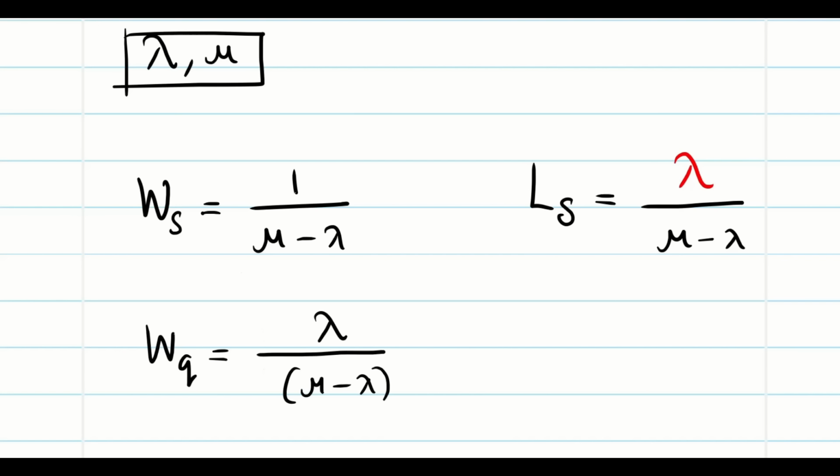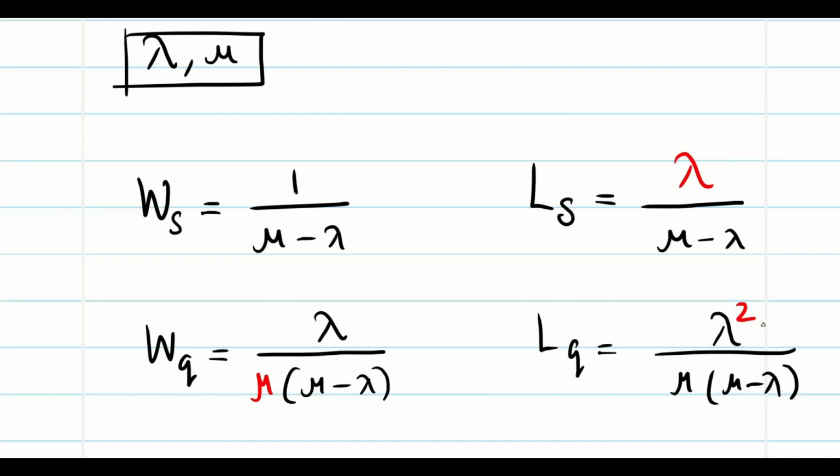Now if you multiply by lambda by mu, you are going to get WQ. And finally, now you have guessed what is LQ. Now you take this formula, lambda over mu minus lambda. When you multiply with lambda again, it is going to be LQ.